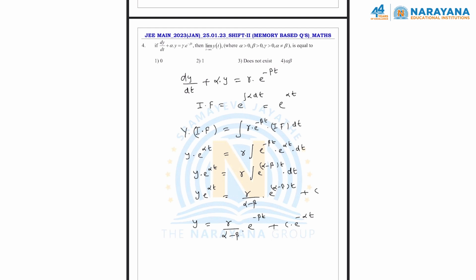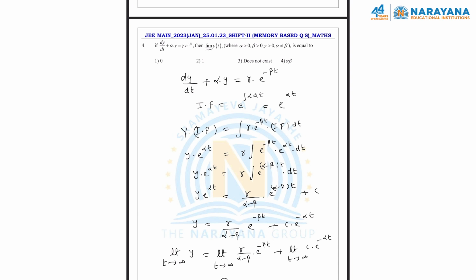Now if I apply the limit as t tends to infinity, y = limit of γ/(α−β)·e^(−βt) plus limit of c·e^(−αt). Since α > 0, β > 0, and α is not equal to β, e^(−∞) becomes 0, so both terms tend to 0. So the limit is 0. This is based on linear differential equations.